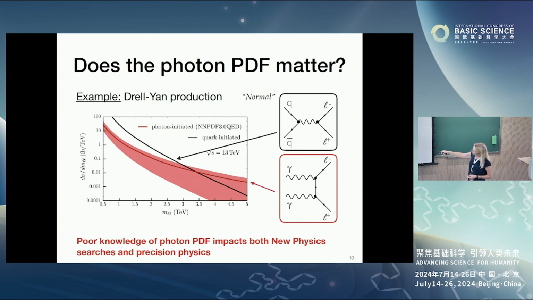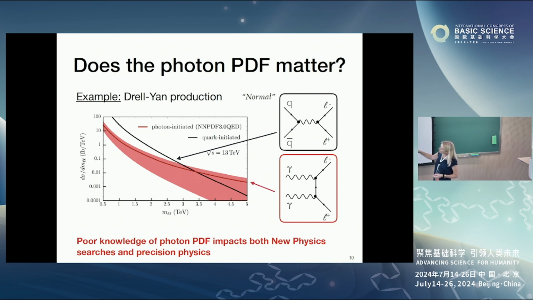And then you see that if you go to large mass, you also have this photon-photon contribution. According to this prediction, from masses around 3 TeV this becomes a dominant process, but it has a gigantic uncertainty. So if you want to constrain new physics at large invariant mass, this is a must-have. You must reduce this uncertainty.